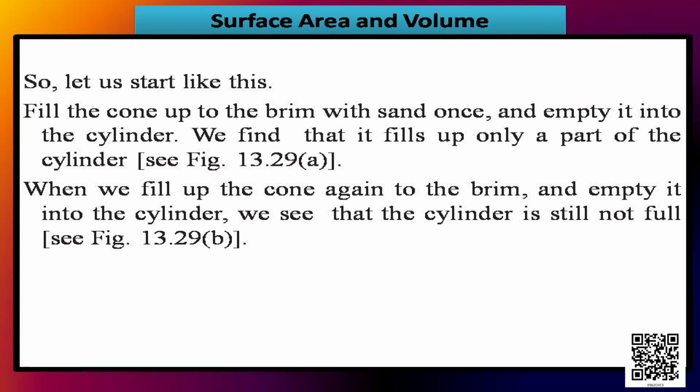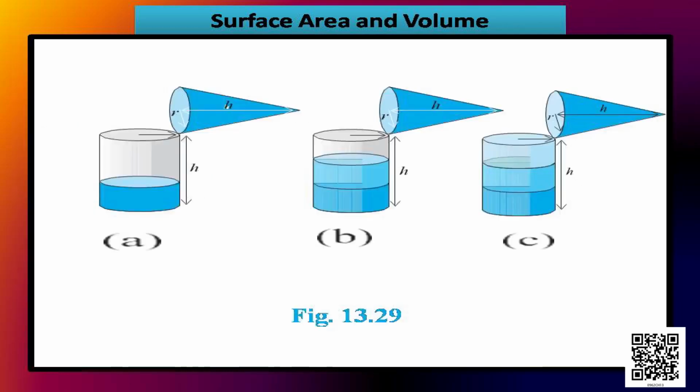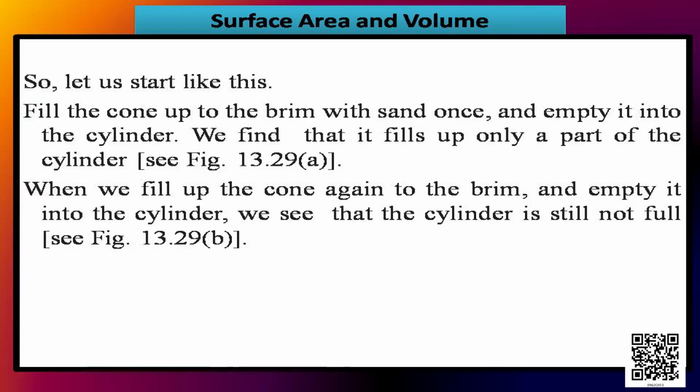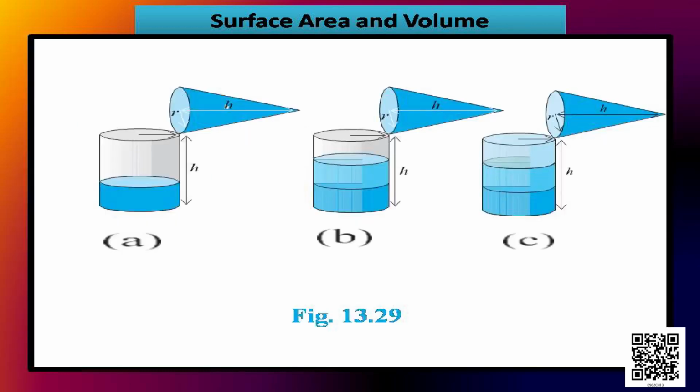Students, fill the cone up to the brim with sand once and empty it into the cylinder. You will find that it fills up only a part of the cylinder, as you can see in figure 13.29a. When you fill up the cone again to the brim and empty it into the cylinder, you will see that the cylinder is still not full, as you can see in figure 13.29b.